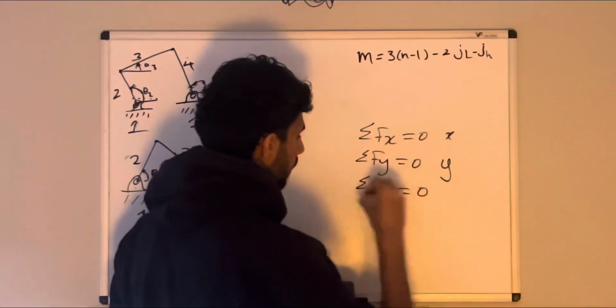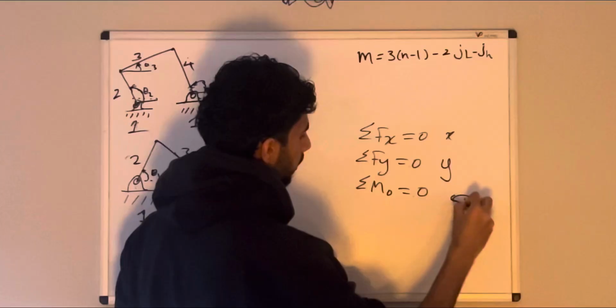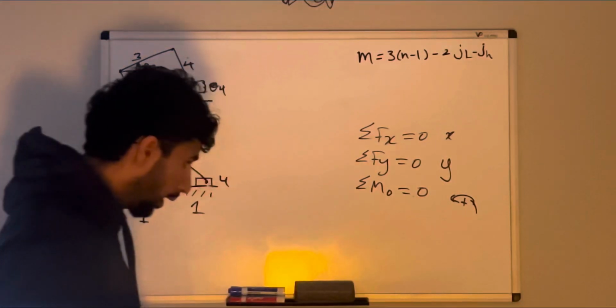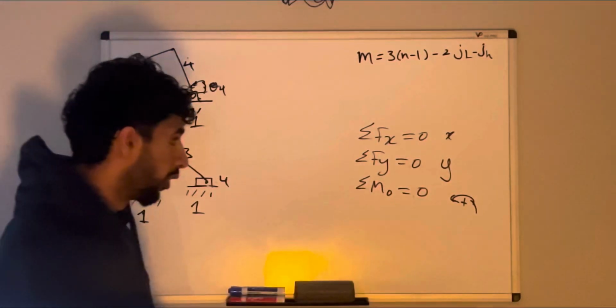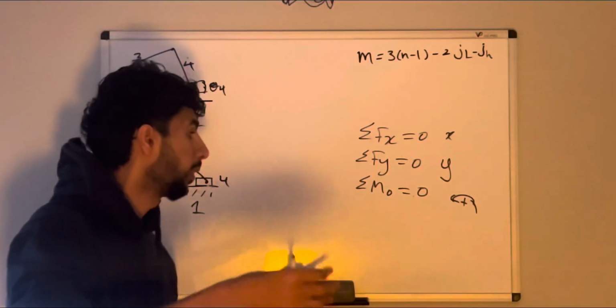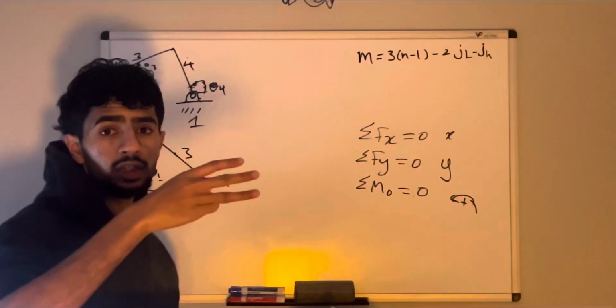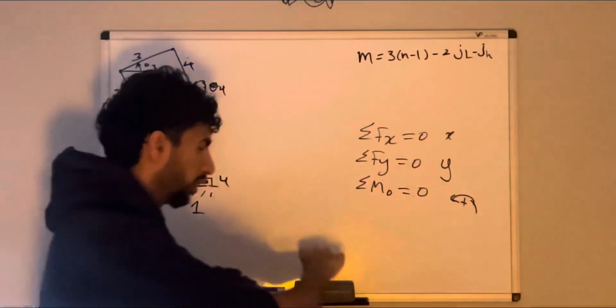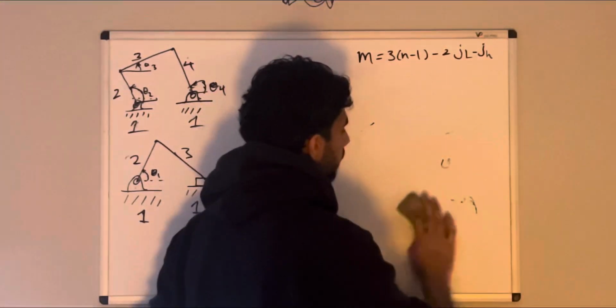Okay? So let's have something like this, for example. Essentially, you're investigating 3 motions or 3 degrees of freedom that can exist in the 2D plane. Now, this will help us when we look at this mechanism, this equation.